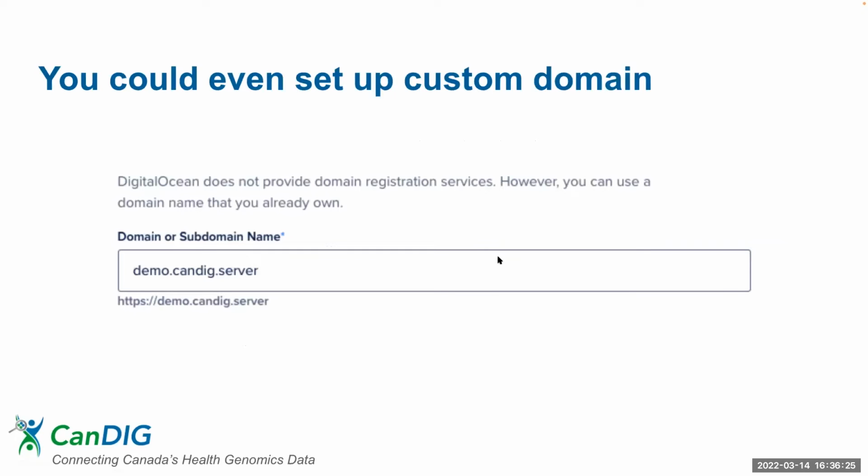Even with this free starter plan, it allows you to set up your own custom domain. That is not a so common functionality. Typically, it's a selling point to persuade you to upgrade to a paid plan. But the free plan already allows us to do that. I made up a domain here, but we actually have a domain, distributedgenomics.ca.